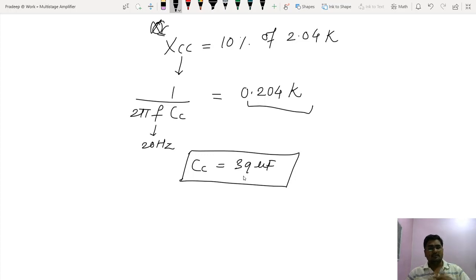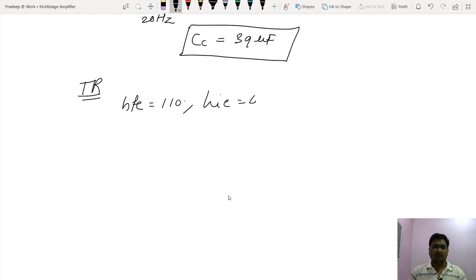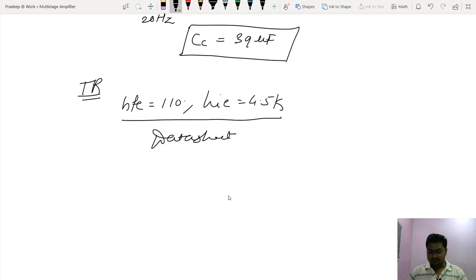Let's see, we have calculated the biasing resistors, the coupling capacitor, the bypass capacitor. Okay, the last thing which is quite important is the selection of the transistor. How can I select the transistor? See, hFE is known, which is 110. HIE is also known, 4.5K. Just go through the data sheet, and then select a transistor.